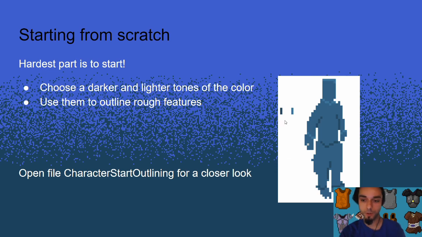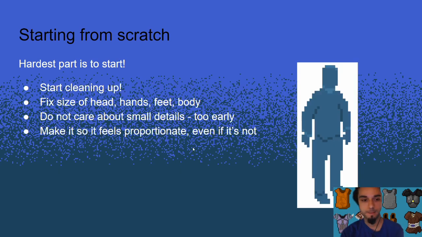At this point, I also like to select some of the highlights and the shadow colors for that. In my case, I wanted to go for a night, so I chose this kind of darkish blue and more brightish colors, and use those colors to outline. We still are not cleaning up stuff, that's okay.